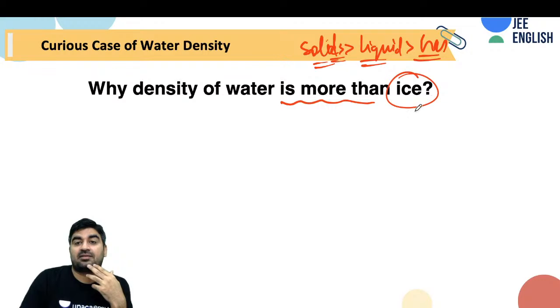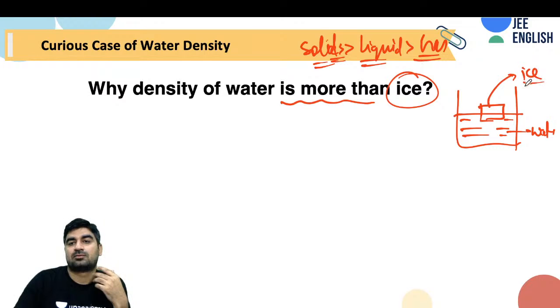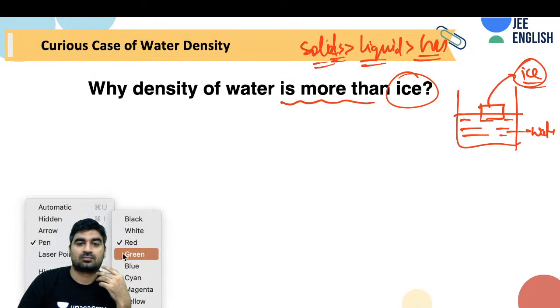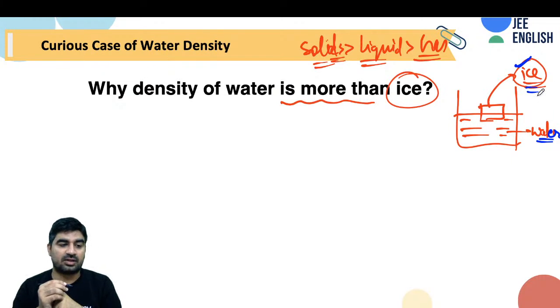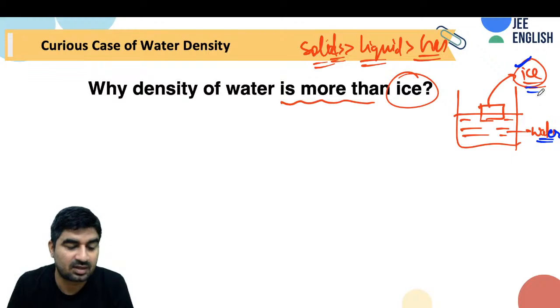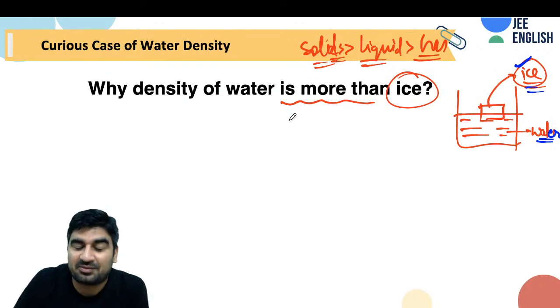But ice, if you might have seen it, suppose this is water, then ice floats on it. Got it? Because ice is floating, ice must have low density.